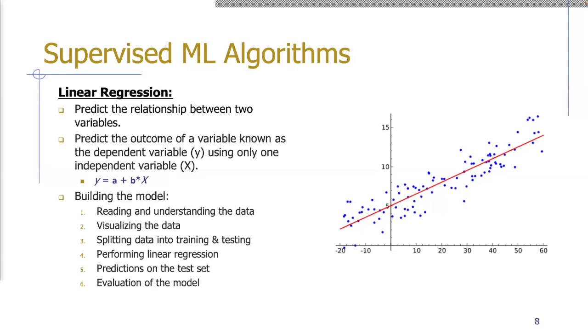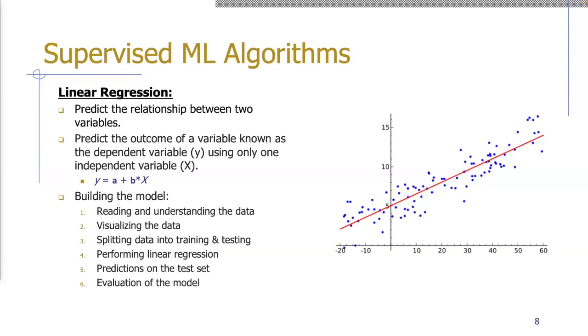Basically, it's an approach for modeling the relationship between two variables. The dependent variable, which we will call y, is the quantity we would like to predict, for example, the rental price.